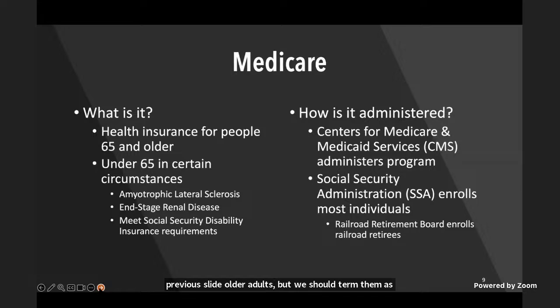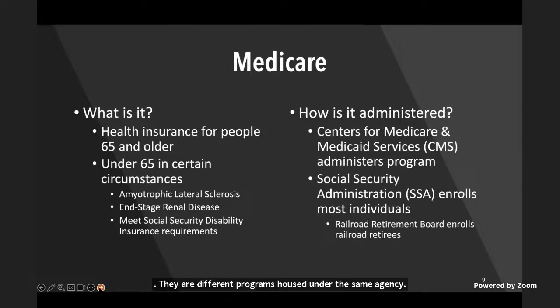It is administered through the Centers for Medicare and Medicaid Services, which is the largest health payer in the United States between Medicare and Medicaid, which we'll talk about in just a minute. They are different programs, even though they're kind of housed under the same agency. And then enrollment for Medicare takes place through the Social Security Administration.